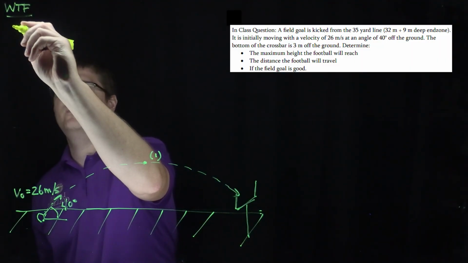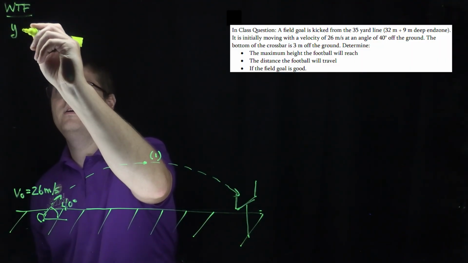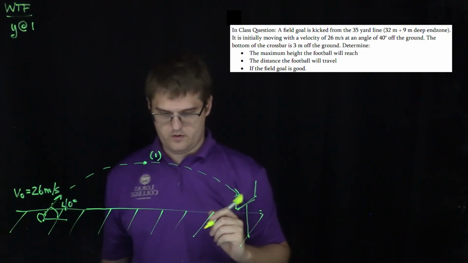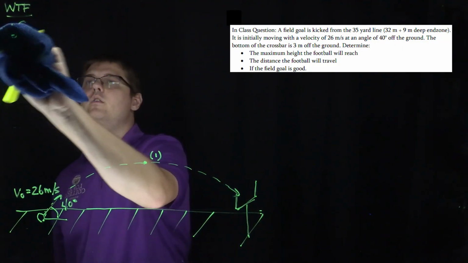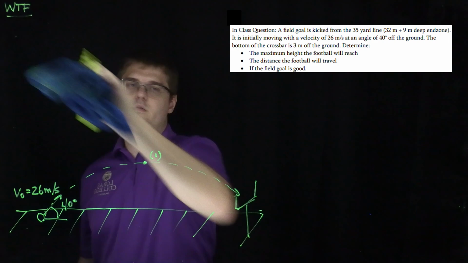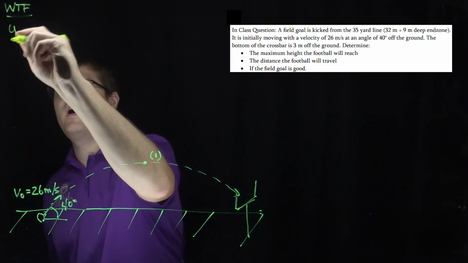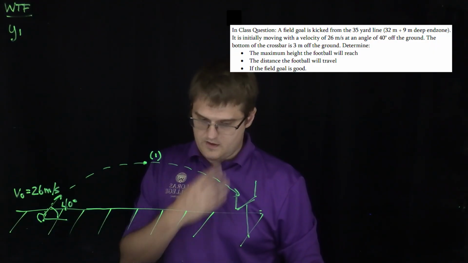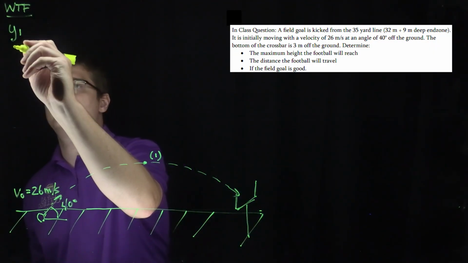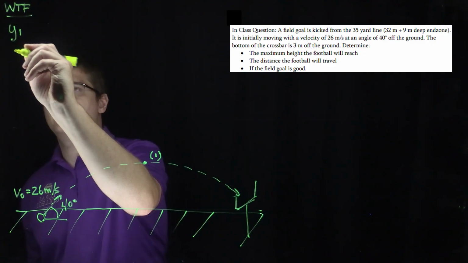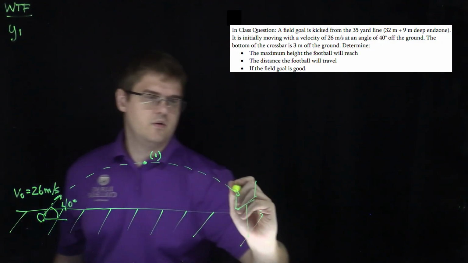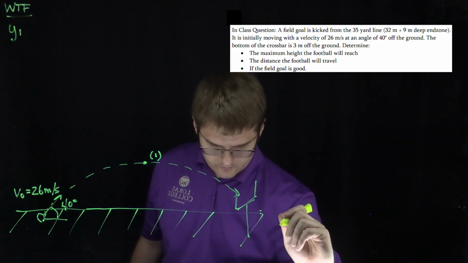So we want to know y1. That's better symbology. We want to know the distance the football travels, so we want to know delta x.